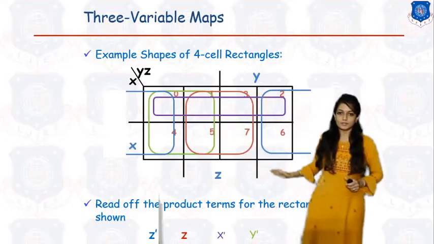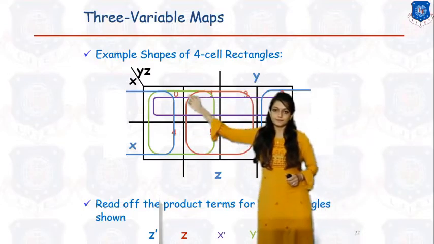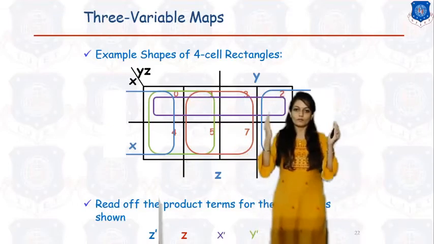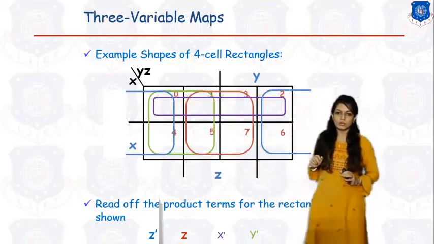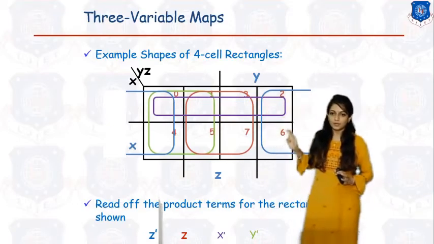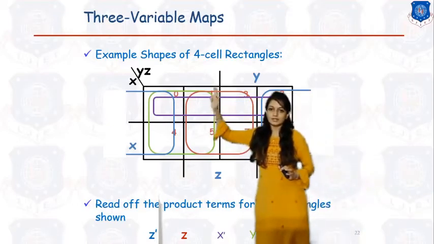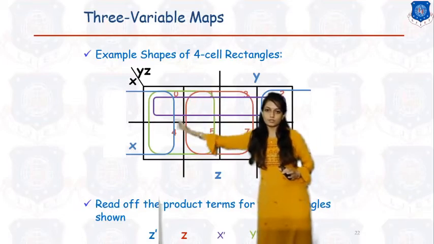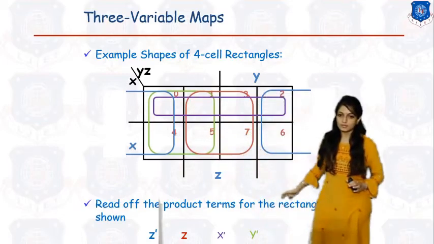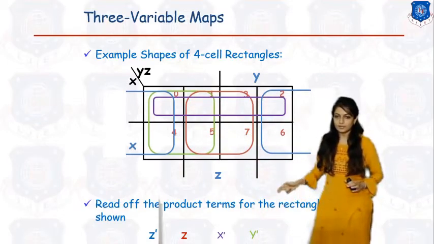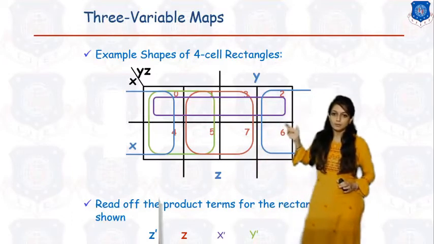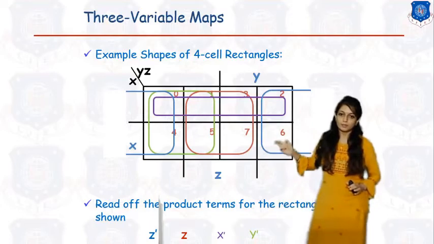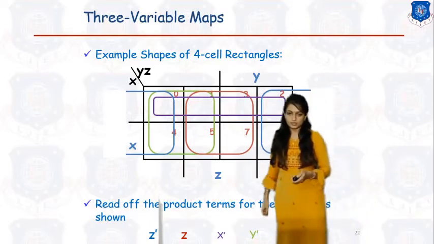The blue one is the folding of 2 ones and 2 ones at the corner of the K map. Alright, the green one is at this corner, these 4 ones, so Y bar. Alright, you can similarly write it for Z for the red one, Z dash for the blue, and X dash for the purple.